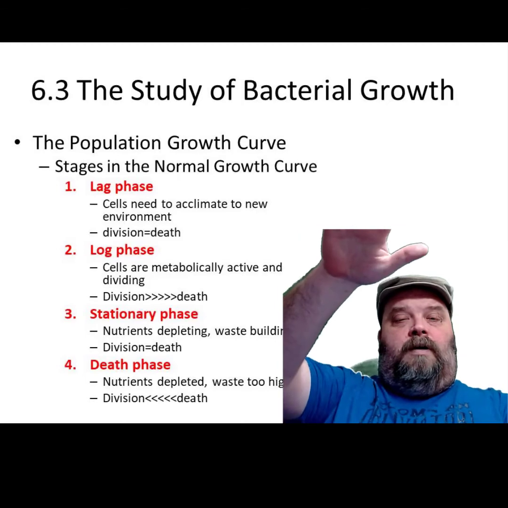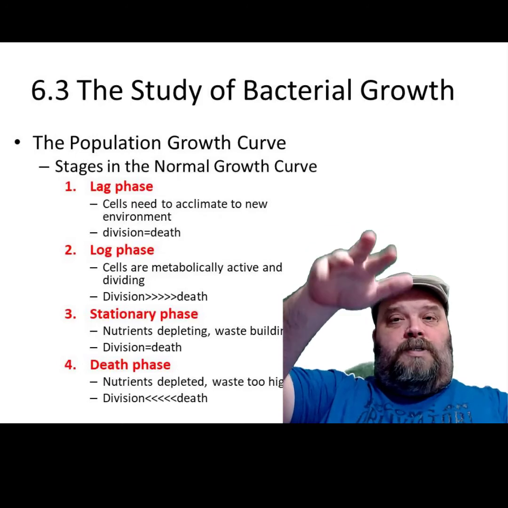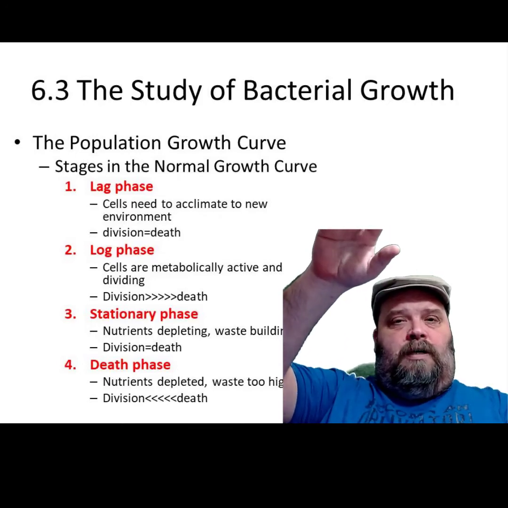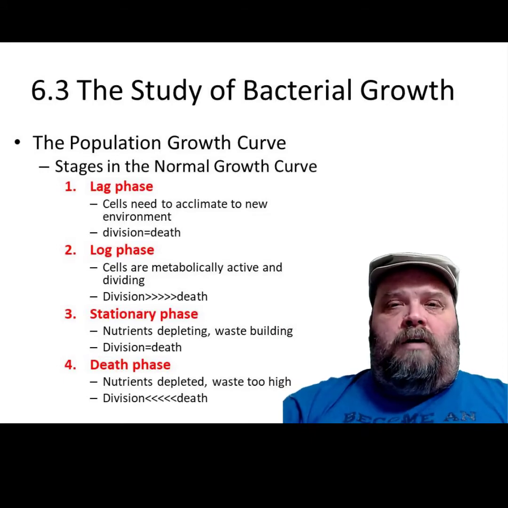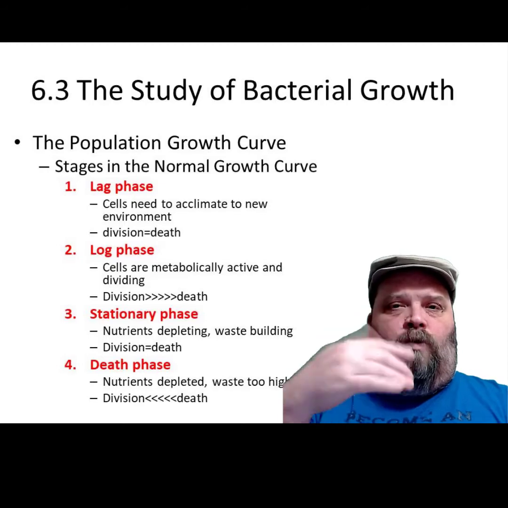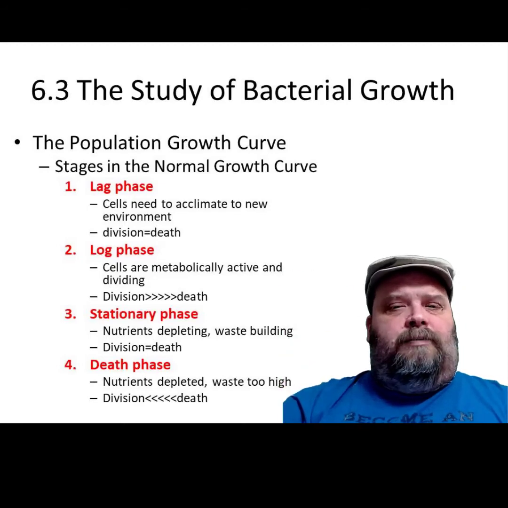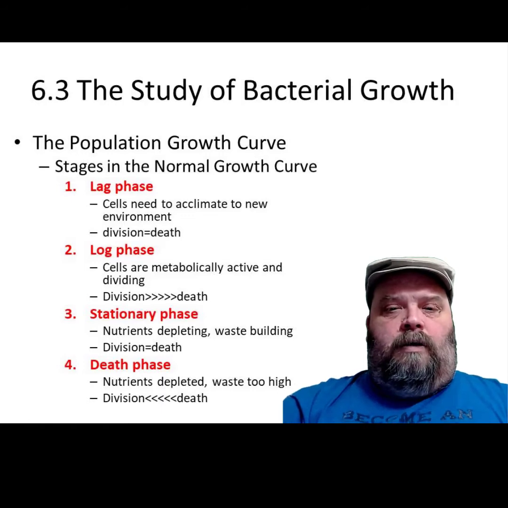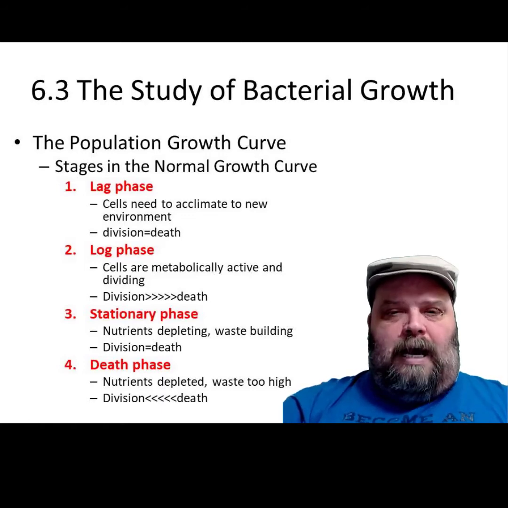The number of living, healthy, actively dividing, metabolically active cells greatly outnumbers, and increasingly outnumbers, the dying. Log phase, because it's the exponential growth phase. The numbers 2 to 4 to 8 to 16, 32, 64, and on and on and on. Dividing cells greatly outnumber the dying cells.